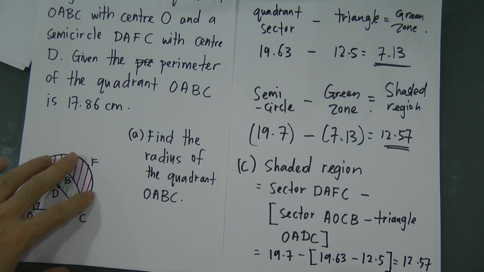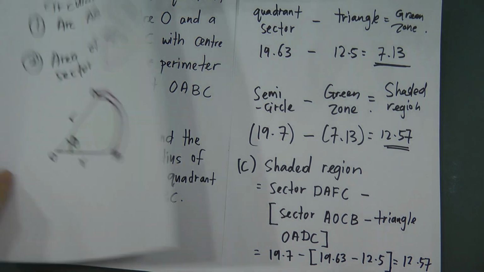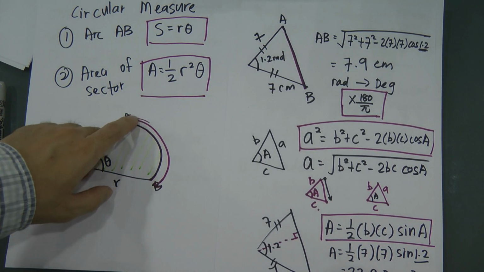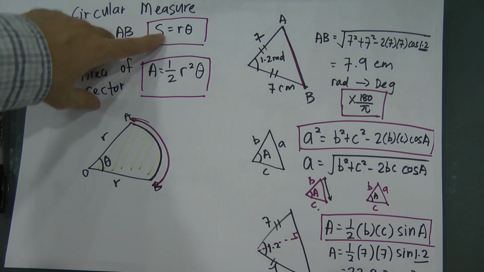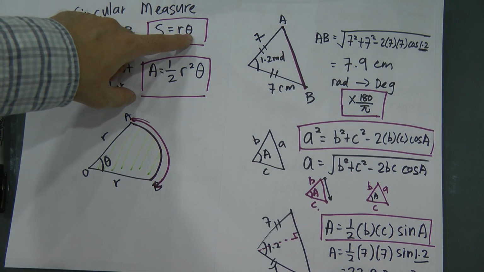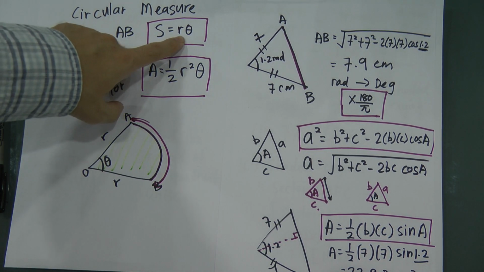I hope this video can give you better insights on how to solve the circular measure chapter. Please remember all the basic formulas in this chapter. It's not really hard. S equals R theta, and not all the time he asks you to find S. Sometimes he gives you R and the angle and asks you to find S, sometimes he gives you S and R and asks you to find the angle.